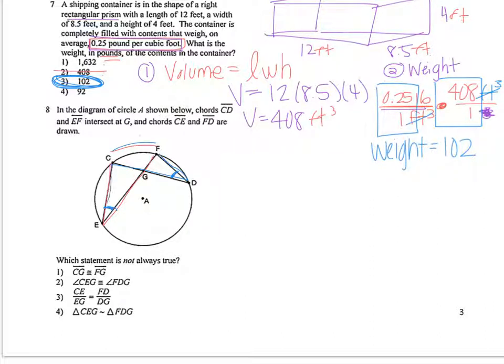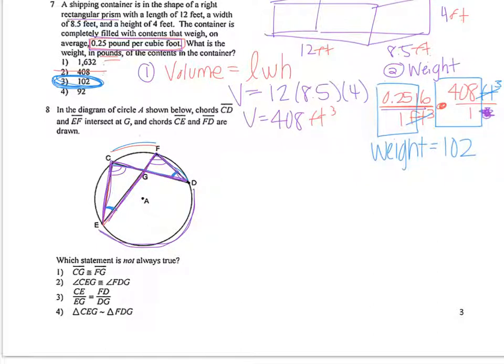I also know that angle C, an inscribed angle that opens up to arc DE, is congruent to angle F, another inscribed angle that opens up to arc DE as well.